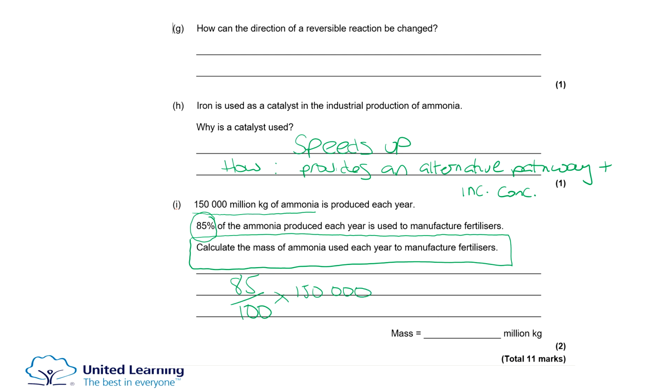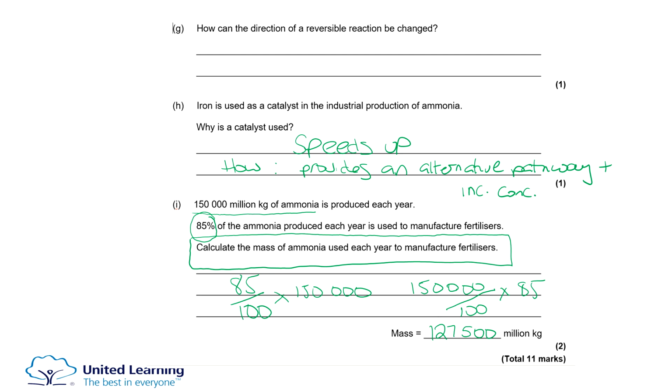Or you can do 150,000 divided by 100 and then multiply that by 85. Either way, your answer comes to 127,500 million kilograms.